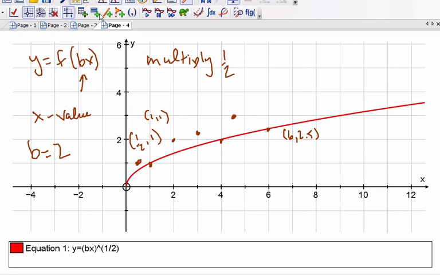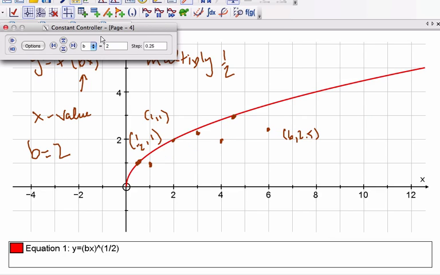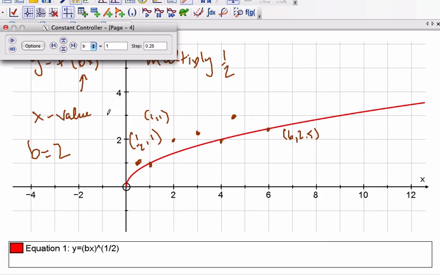So if I make my b value 2, it should travel here. Let's make b 2. And it does. The x values all get multiplied by a half. So multiplying the x value by a half means the b value is 2.